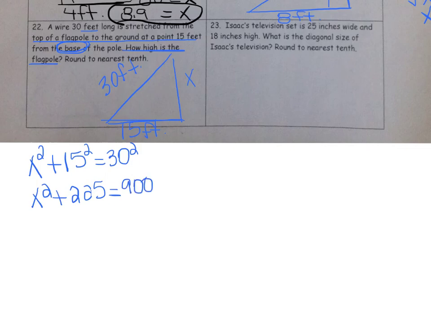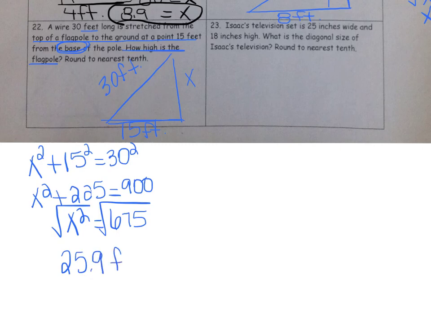Now don't forget, you have to subtract 225 from 900 to get 675. Now I'm going to take the square root of 675 to get 25 and 9/10 feet.